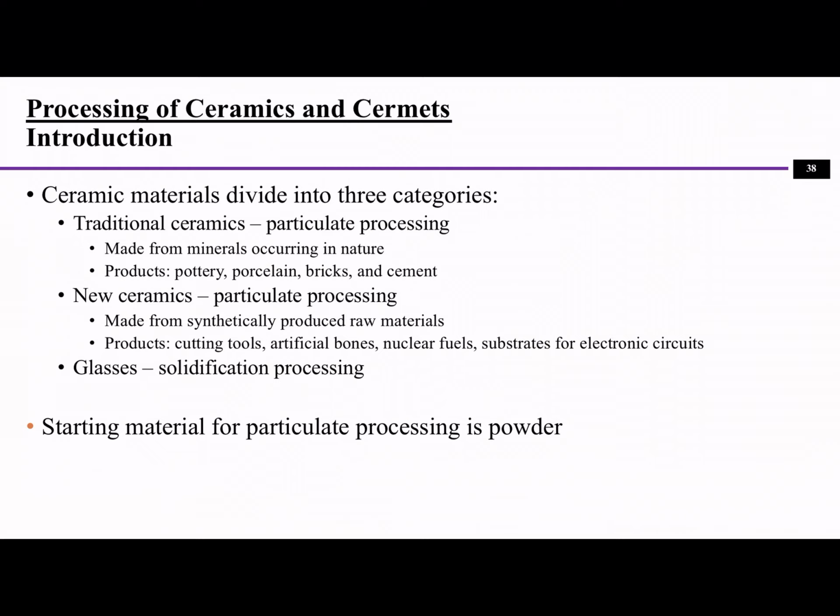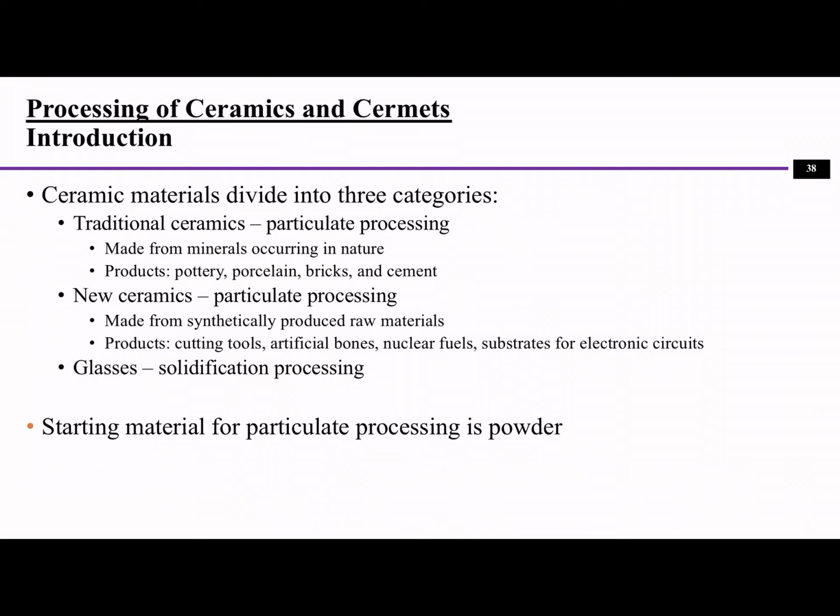Ceramics can usually be categorized into three different categories. One is traditional ceramics, and another is new ceramics. Traditional ceramics are usually made from minerals occurring in nature. Some typical products are pottery, which has a long history, and also bricks or cement.